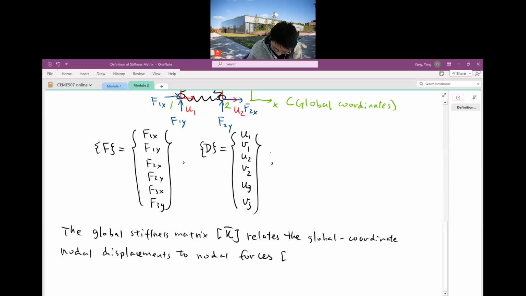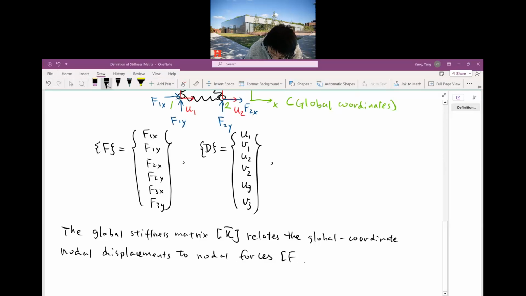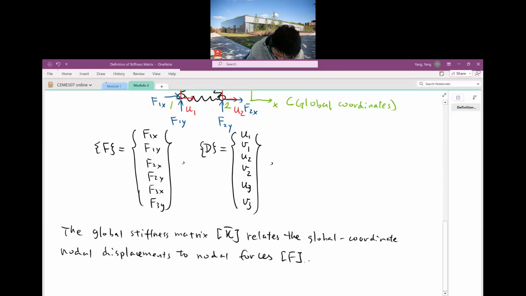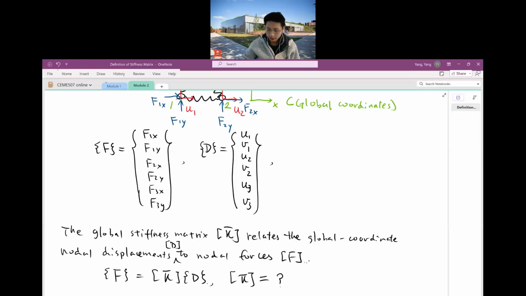We have the F using the D here, such that F equals K times D, where we need to figure out, anytime we start a finite element analysis, what the global stiffness matrix is.